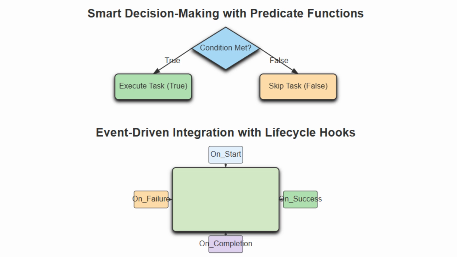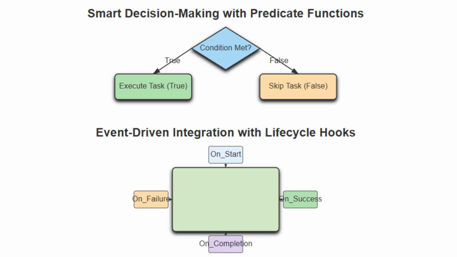Next, let's talk about callbacks and hooks, the backbone of event-driven integration. Modern systems thrive on events, not constant polling. Our callback system provides critical hooks at every stage of a task's lifecycle.